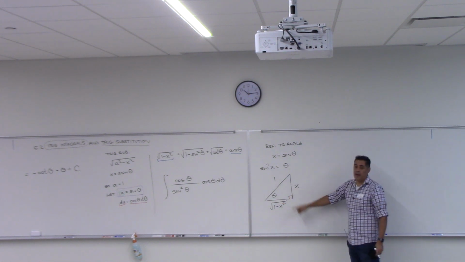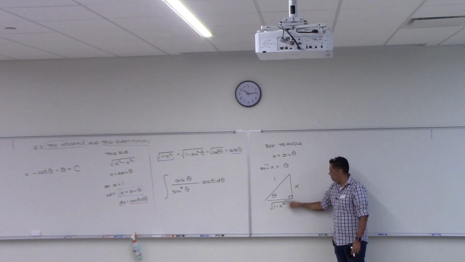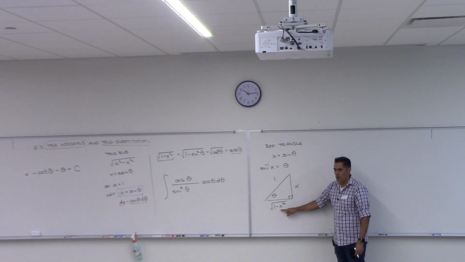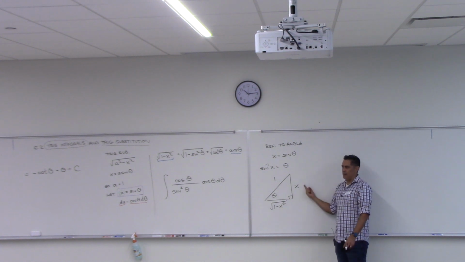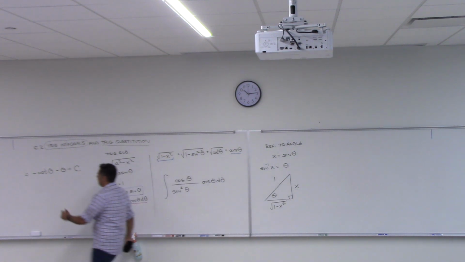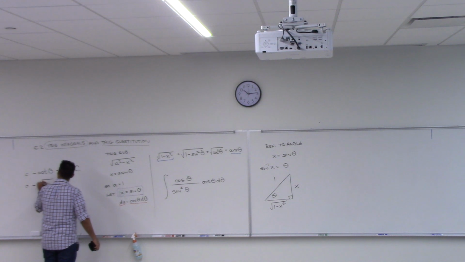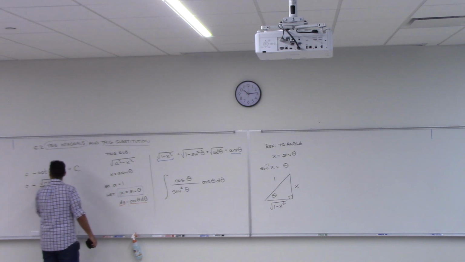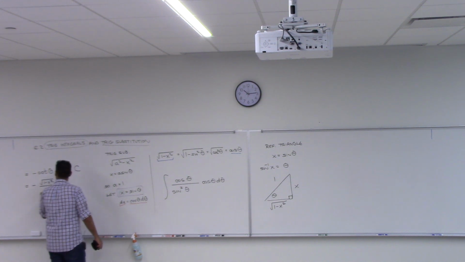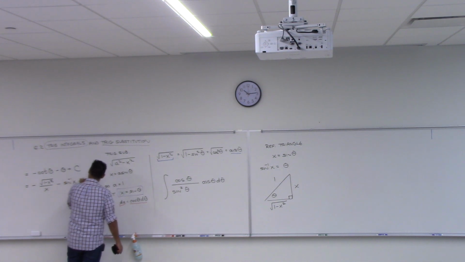All right, from that, can you tell me what tangent theta is? Tangent would be that, right? Cotangent would be that over that. So my answer here is negative square root of 1 minus x squared over x minus inverse sine of x plus c.